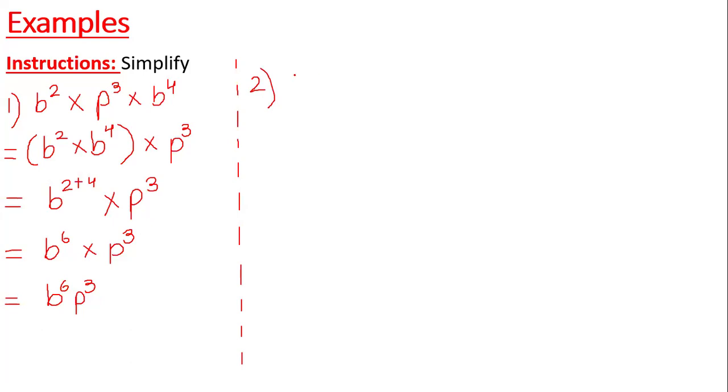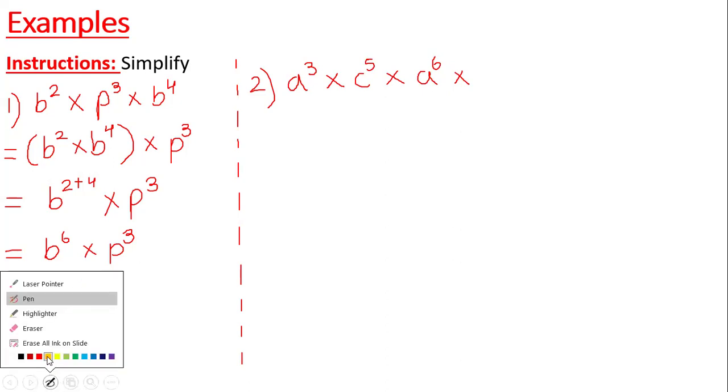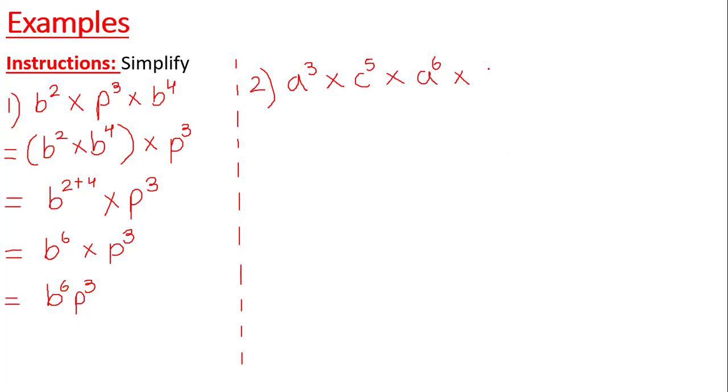For number 2, let's say we have a to the third power multiplied by c to the fifth power multiplied by a to the sixth power multiplied by c to the second power.